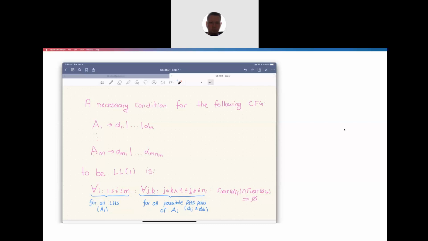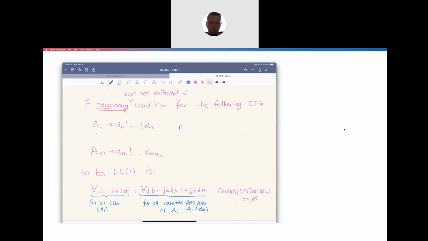Well, obviously the answer must be yes, because I put necessary here, but not sufficient. So it is possible that there are some grammars that satisfy this but are still not LL(1). But all LL(1) grammars do satisfy this. So let me just write that down.